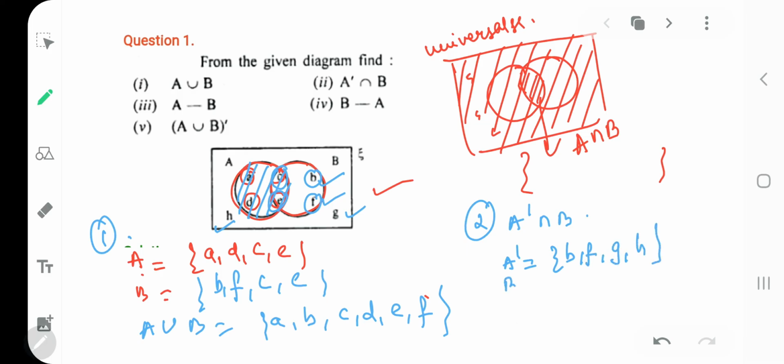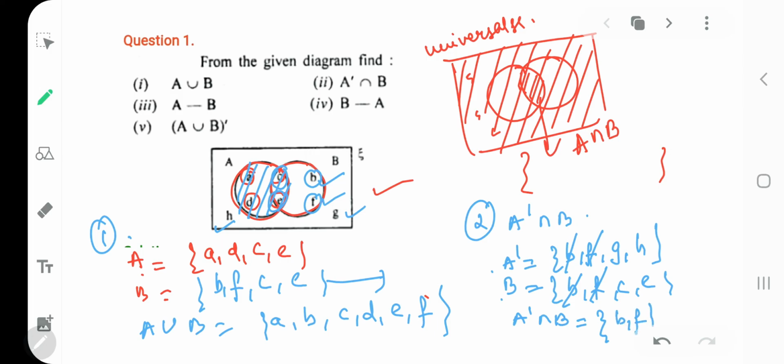And B consists of B, F, C, E. Now you have to make the intersection. That means you have to take the common elements. Which are the intersecting elements? B and F. So A complement intersection B is B and F. Easy?